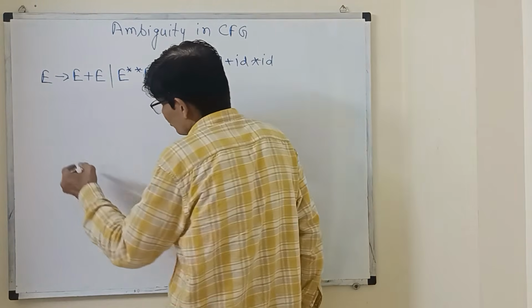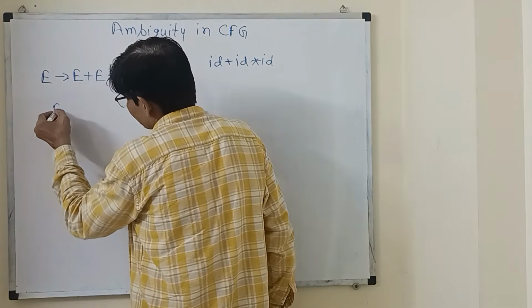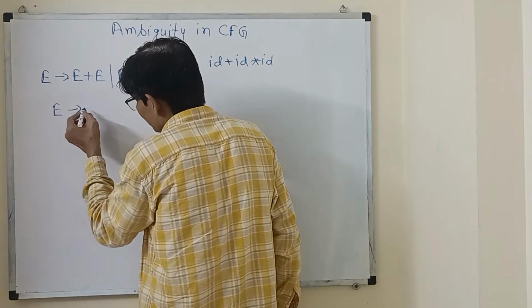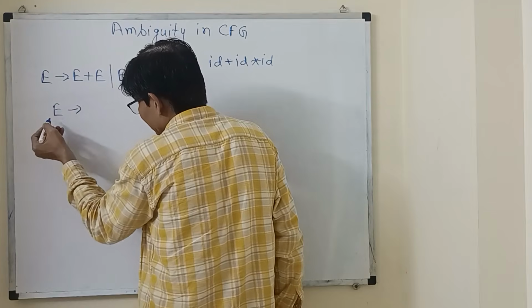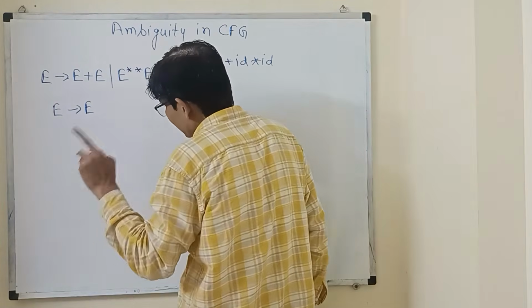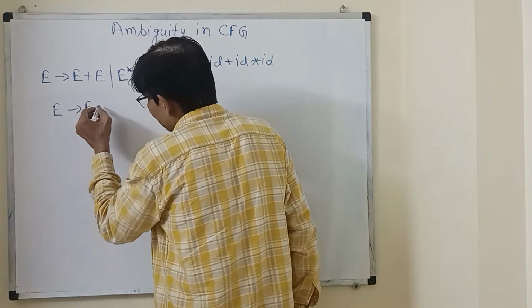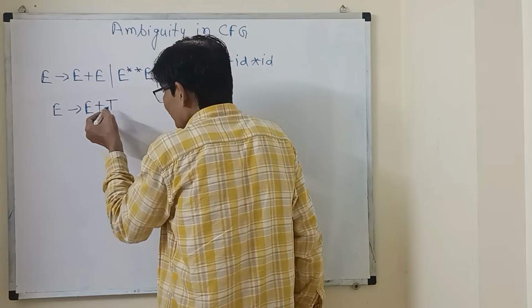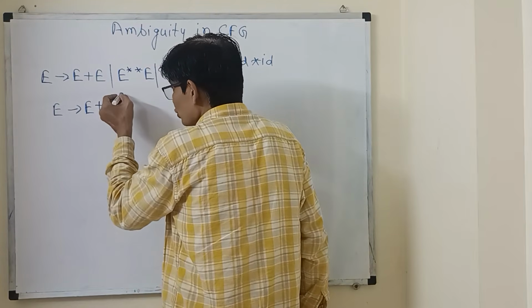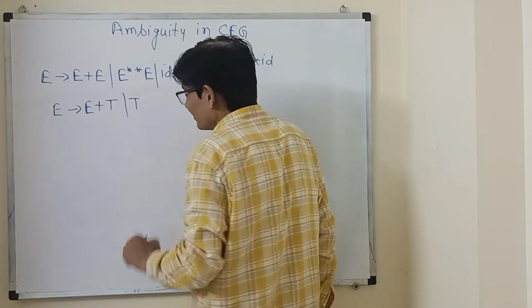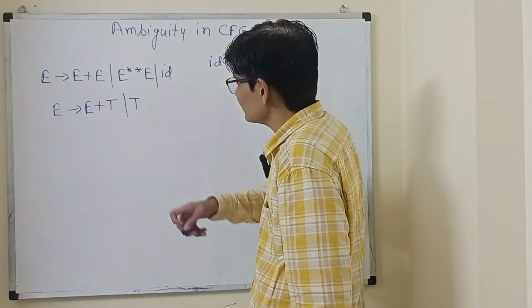Again we will use the same logic: if we have two occurrences of the left hand side variable in the right hand side, I will replace one occurrence of this variable with another variable like T. As we are replacing it with T, we must have one production where E will directly generate T. So I have used this.